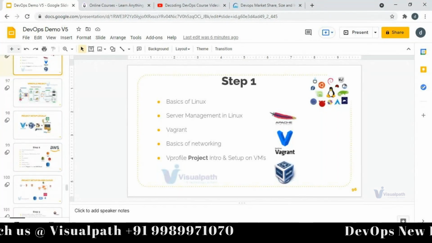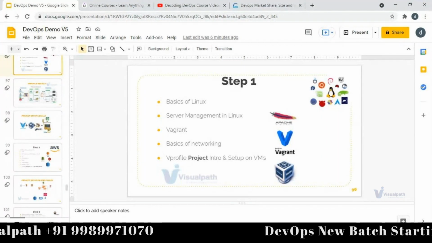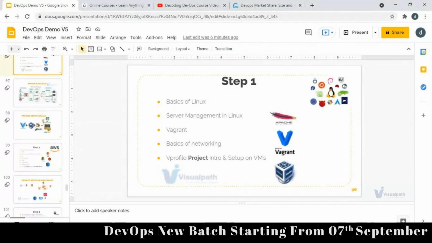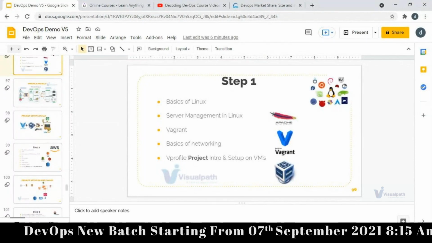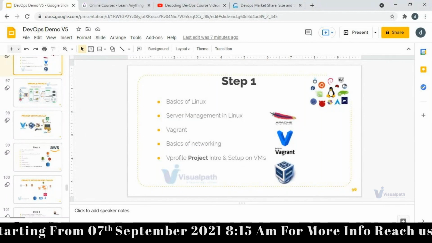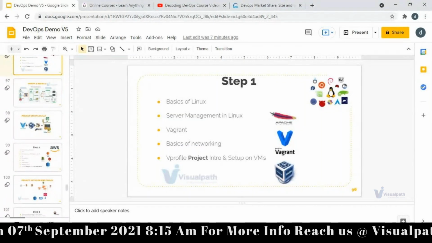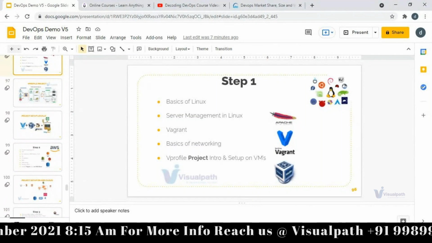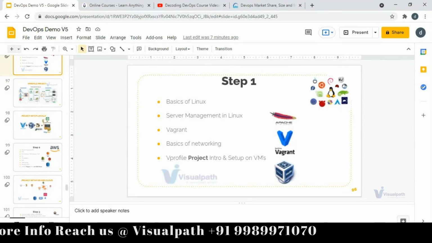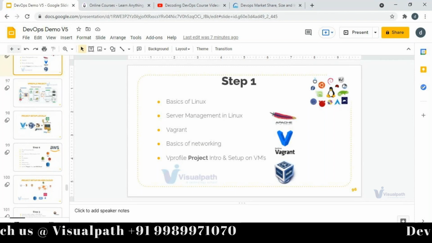Basic computer knowledge is enough. This is a beginner to advanced course, so I do not expect people to have scripting or Linux knowledge. You can be totally naive, have worked some time in the IT industry, or never worked, that is also fine.